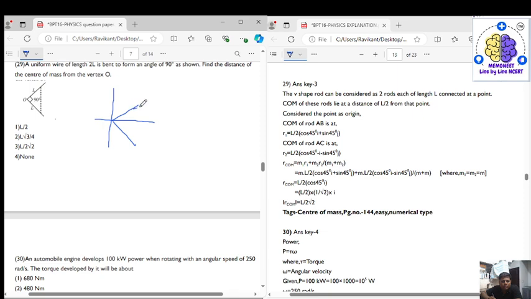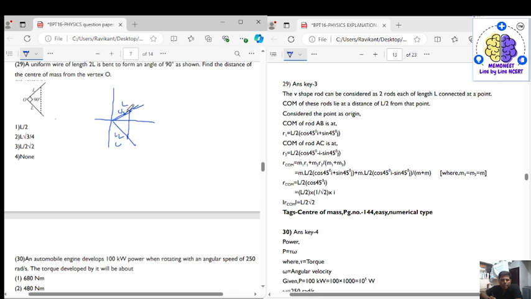The rods are placed like this, each of length L, so the center of mass of each would lie at L by 2. The center of mass of this system would lie at the center of the line joining the two masses.